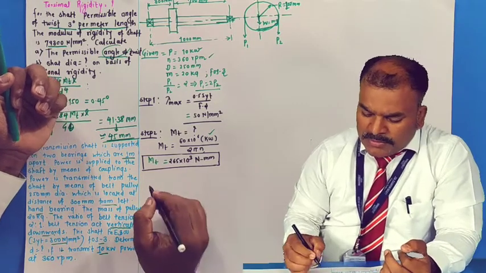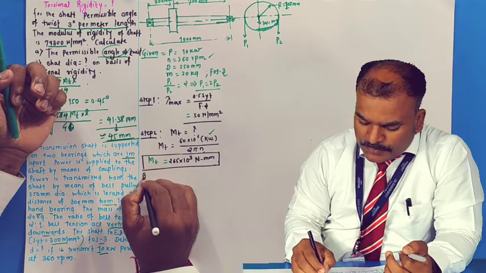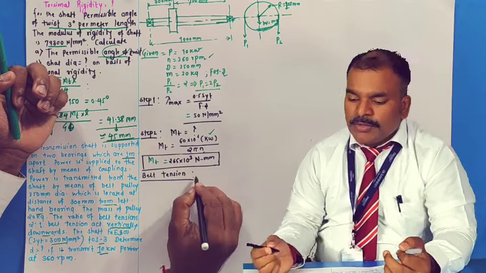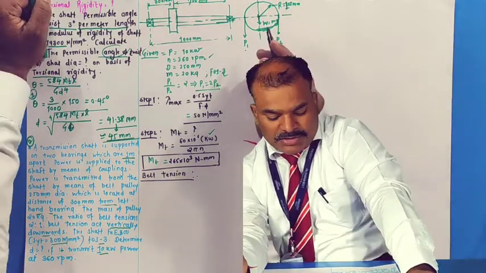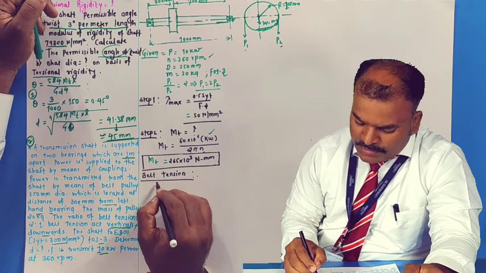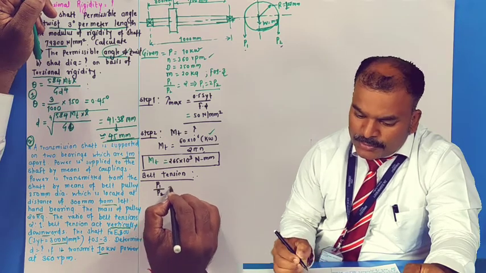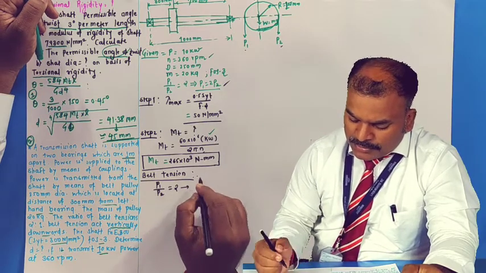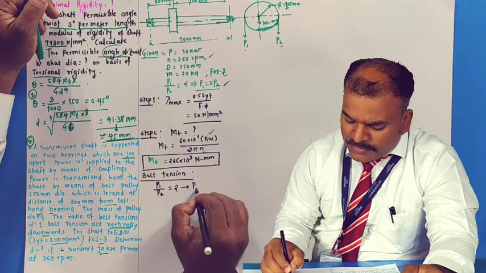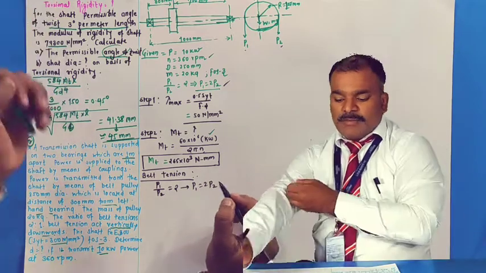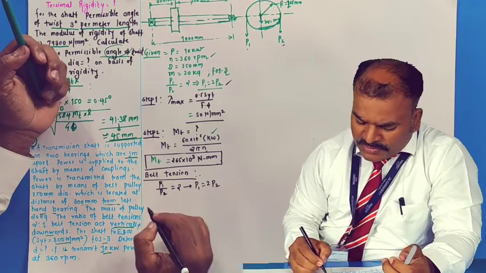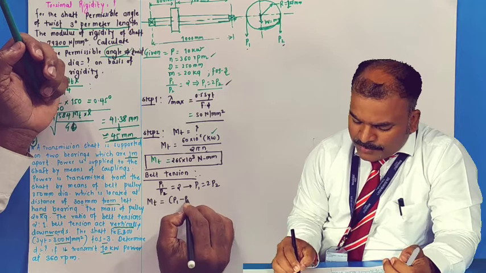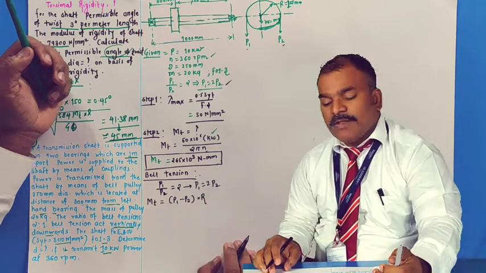Now in this we'll have to use the belt tensions, because it is related to the torque of the belt pulley. So this is P1, P2 belt tension. They have mentioned the ratio, that is P1 by P2 is equal to 2. So I will have to write P1 is equal to twice of P2. Now I have calculated MT is equal to P1 minus P2 times the radius of the pulley.